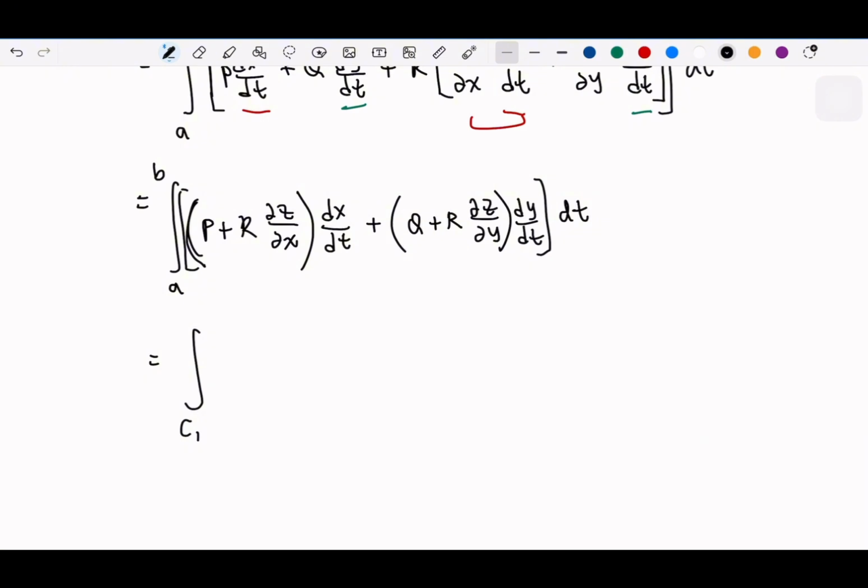Basically we write it just like the line integral equations that we have: P plus R dou z dou x, and this will be dx, plus Q plus R dou z dou y, and this will be dy.